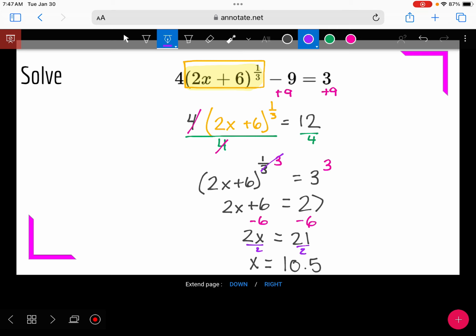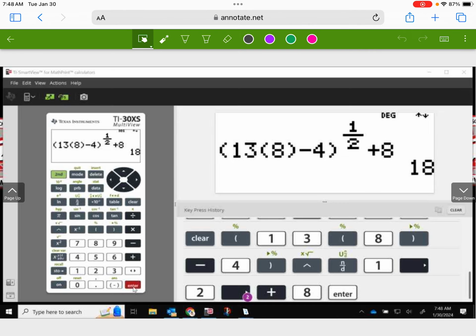We still need to check it. I was writing it down so we can actually remember what it is. So the way we're going to check it is we're going to go to our calculator.